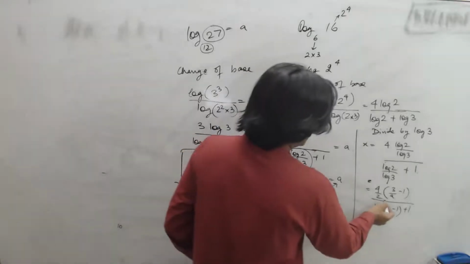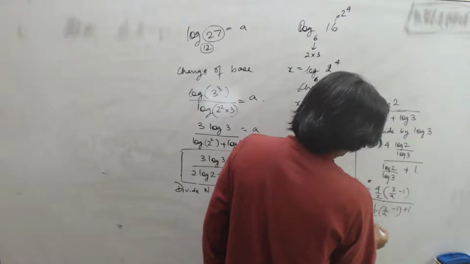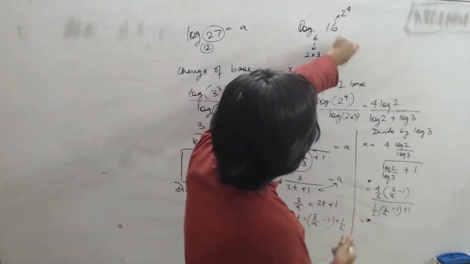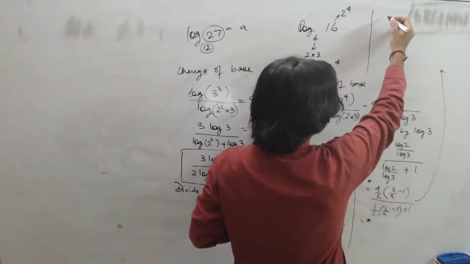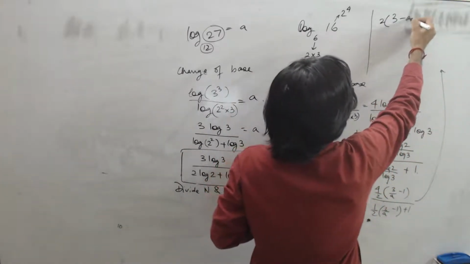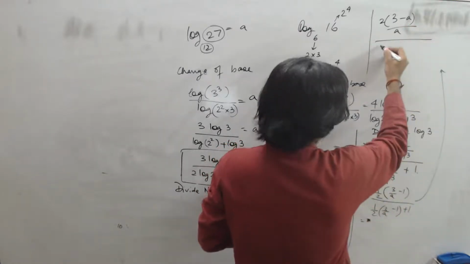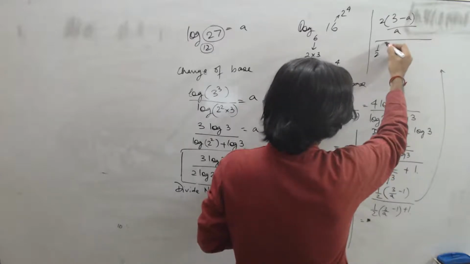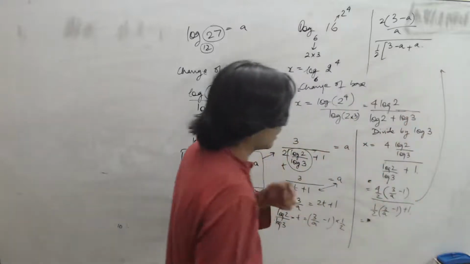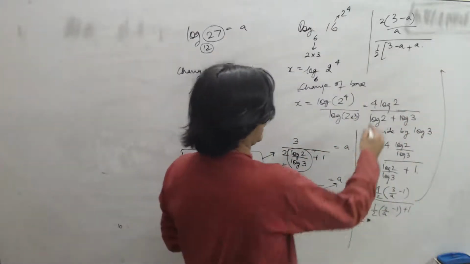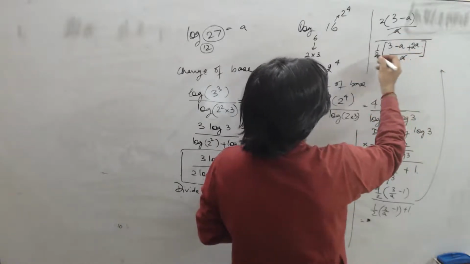So if I quickly check, numerator will come 2 times. I've run out of space, so I'm going to do this remainder here. So this becomes 2 times 3 minus A upon A, whole divided by, take an LCM, this will become half of 3 minus A plus 2A rather, whole divided by A, and A will get cancelled out.